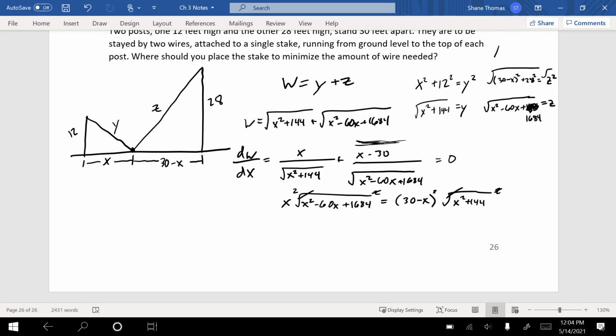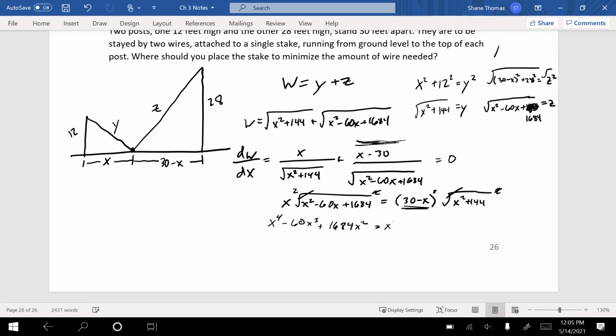And then after I expand them and combine like terms, on the left side I have to distribute the x squared through to everything. X to the 4th minus 60x to the 3rd. It's a lot of algebra work here. 1684 x squared. The right side, I have to expand this by FOILing and then distribute that over to here.